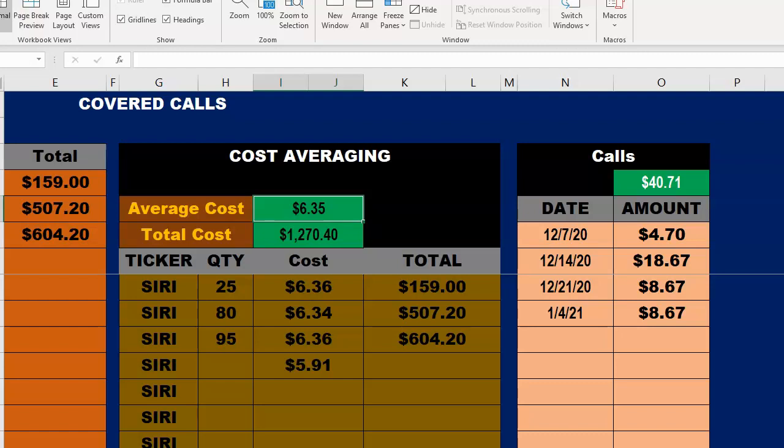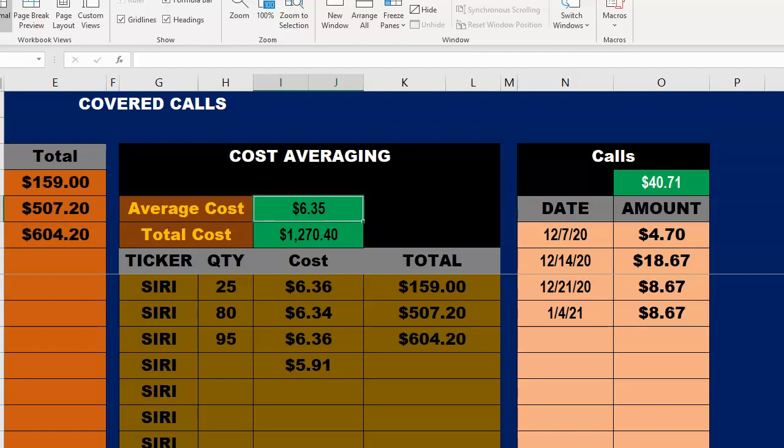Now, this is kind of twofold. So we've been selling Siri now for 4 weeks, right? This I wouldn't do unless you just absolutely want to get out of a certain stock. If you wanted to completely get out of this, you could technically sell the $6 call, because that means you're going to lose $35 on this.